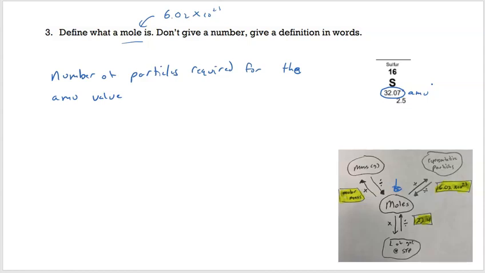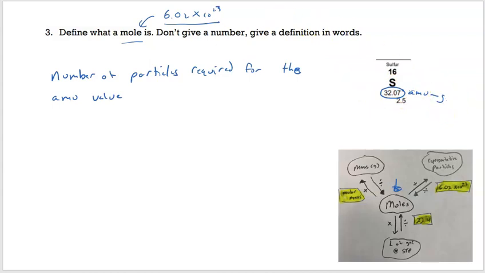So 1 AMU is 1/12 the mass of a carbon-12 atom. Now, what the mole does is, if we take this many particles, 6.02 times 10 to the 23rd, that converts that AMU value to grams. So if I had Avogadro's number of sulfur atoms, it would be 32.07 grams.